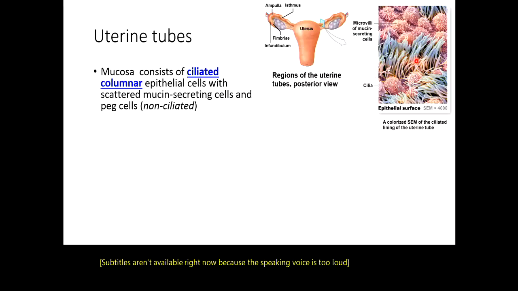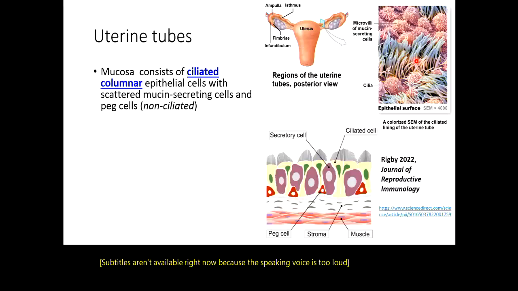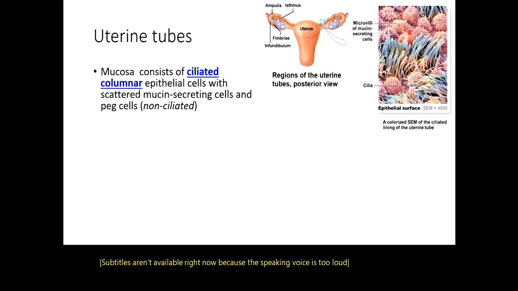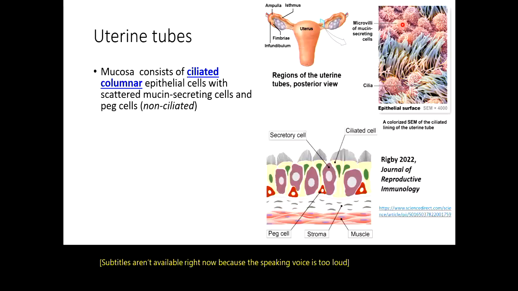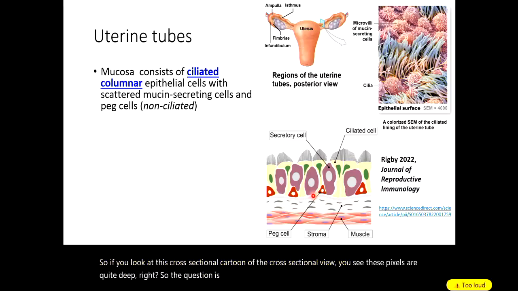Now among this you also have some mucin secreting cells shown here. So these are the mucin secreting cells shown alongside, and there is a 3rd type of cell called a PEG cell, which is not really visible from the superficial view. So if you look at this cross-sectional cartoon, you see these PEG cells are quite deep.